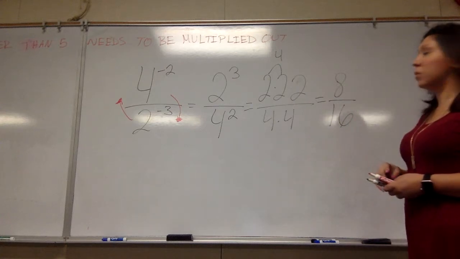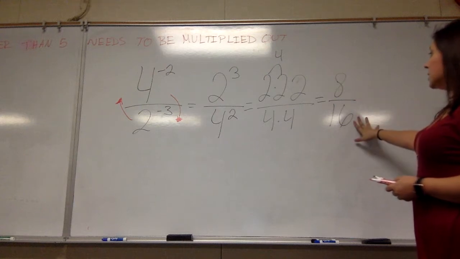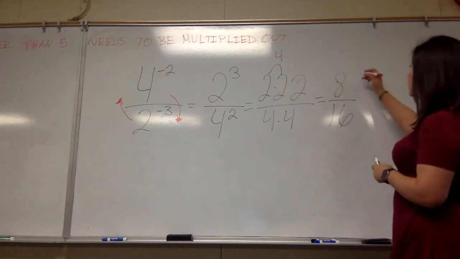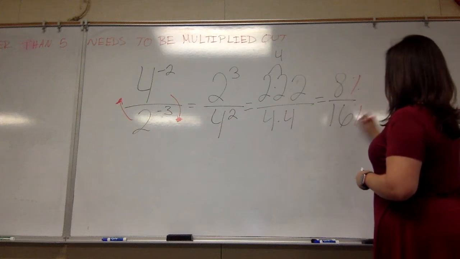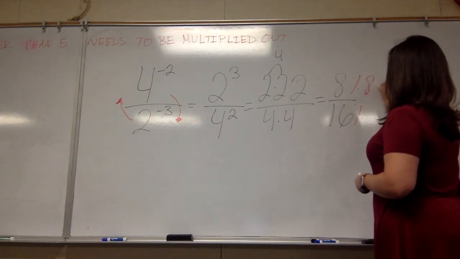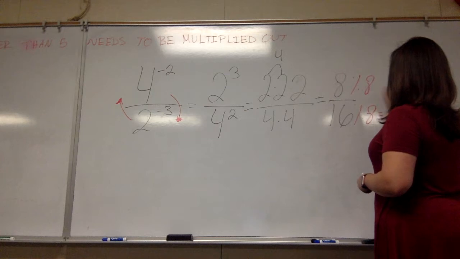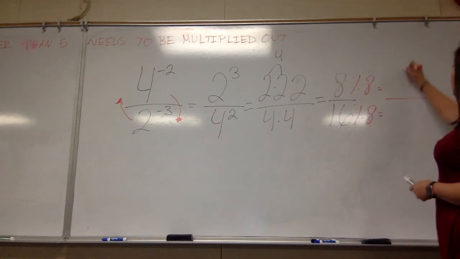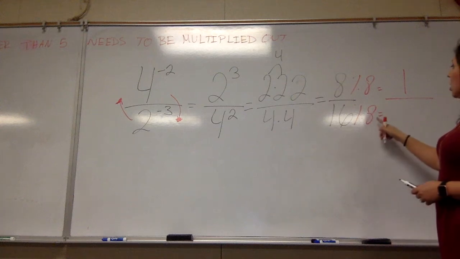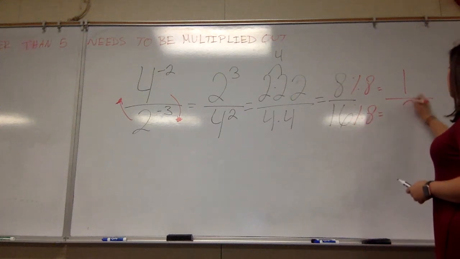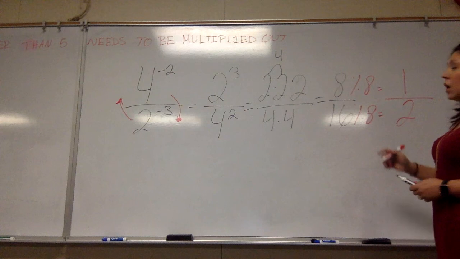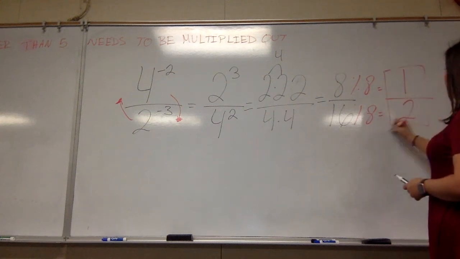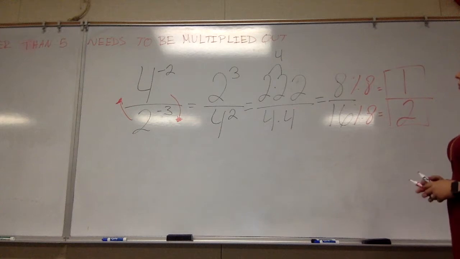What goes into both? Well, I have an 8 and I have a 16. An 8 actually goes into both, so we're going to divide top and bottom by an 8. And I'm going to get 8 divided by 8 gives me a 1. 8 goes into 16 2 times. Can I simplify that anymore? No, I cannot, so that would be my answer.